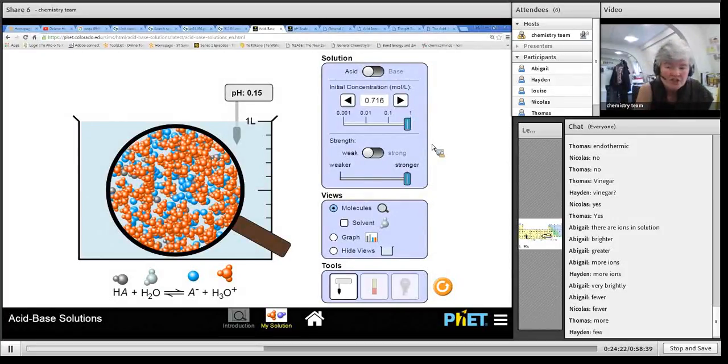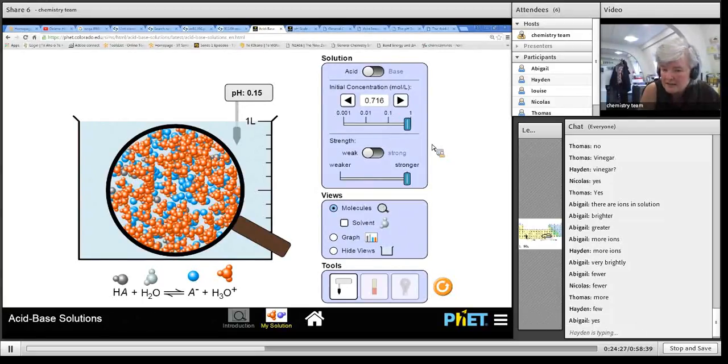So the question is, if I have a strong acid, can I have a pH of 6 for a strong acid? Yes. If the solution is dilute enough, I would have decreased my hydronium ion concentration, and so the pH will go up.